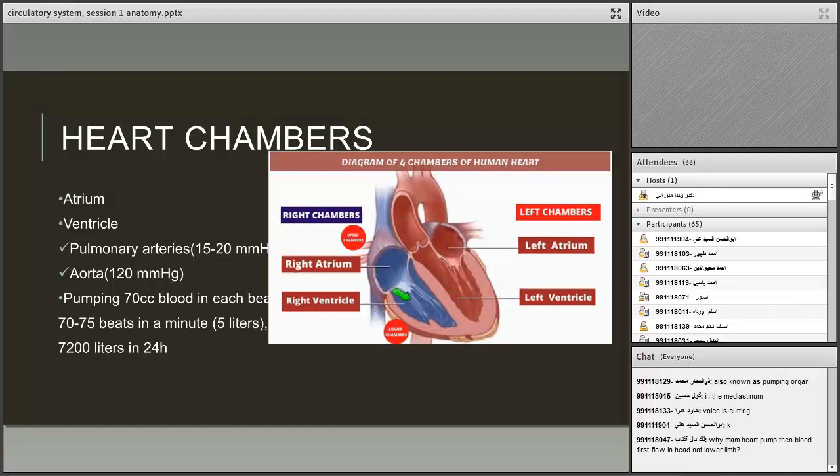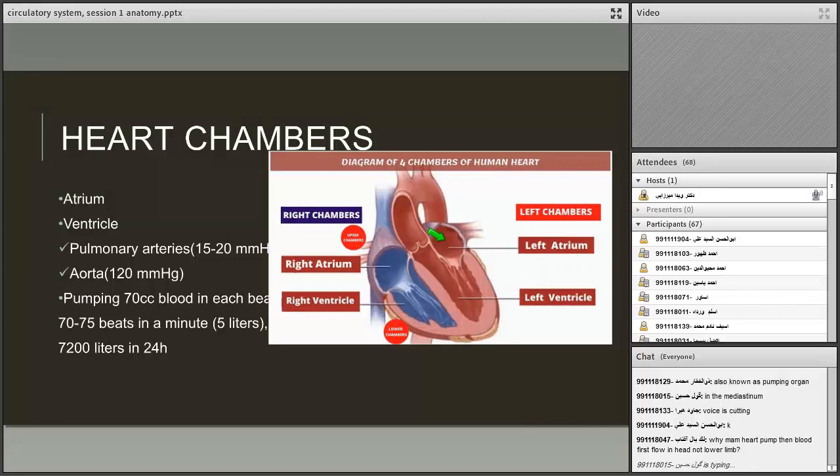Here we have 2 sides of the heart, left side and right side. The right side of the heart is full of deoxygenated blood. It receives and pumps the deoxygenated blood, and the left side of the heart is full of oxygenated blood.